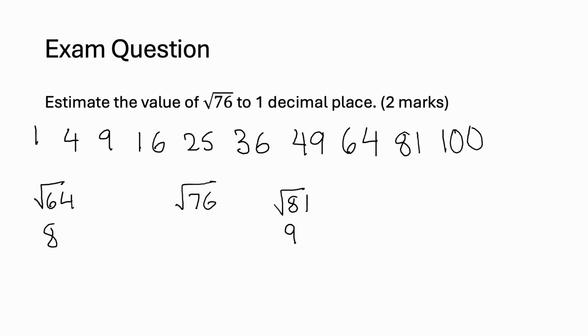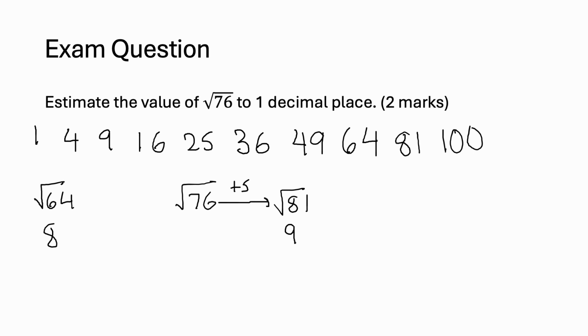So first of all, we know that it's going to be 8 point something. But now we need to decide on a given estimate of what value it's going to be. So we look, okay, 76, is that closer to 81 or closer to 64? Well, to get from 76 to 81, we have to add 5.